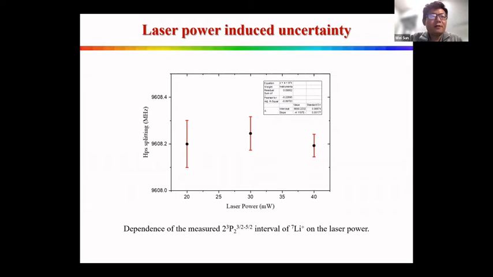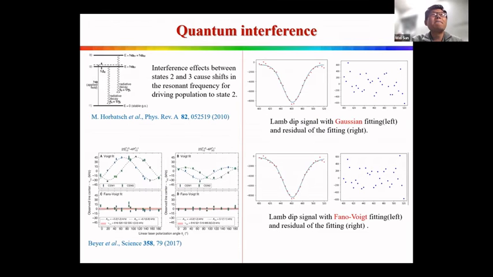And we found no shift beyond the statistical uncertainty. We finally assigned an upper limit of the power-induced uncertainty to be 11 kilohertz, and the quantum interference shift.